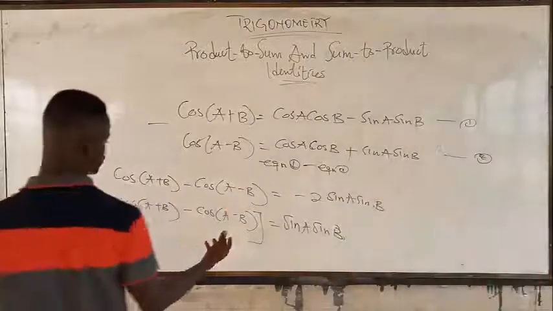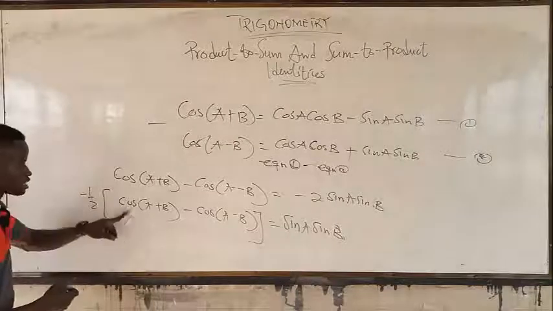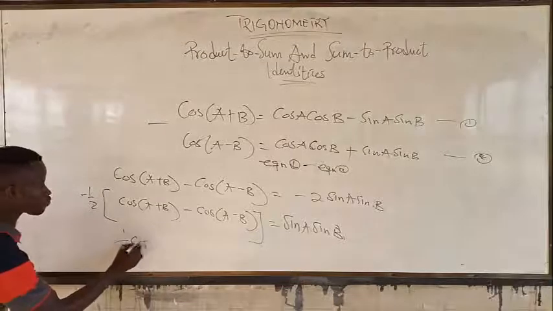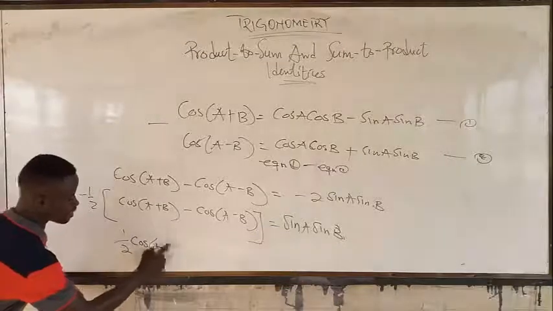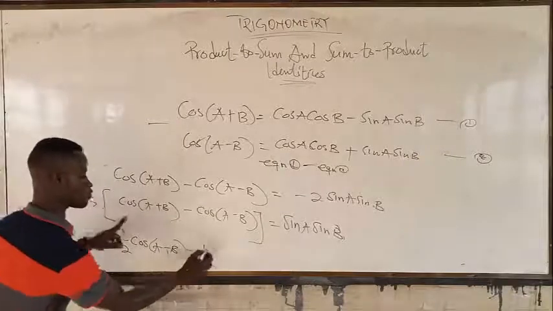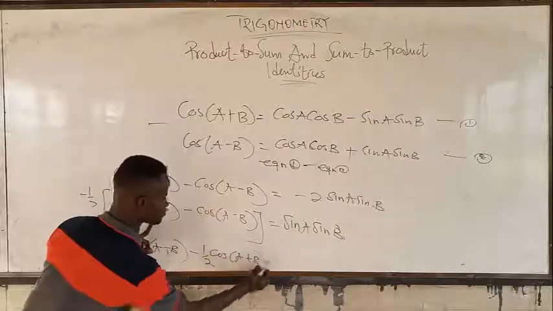Now you know that we can distribute this. This is the same as half cos A minus B minus half cos A plus B.